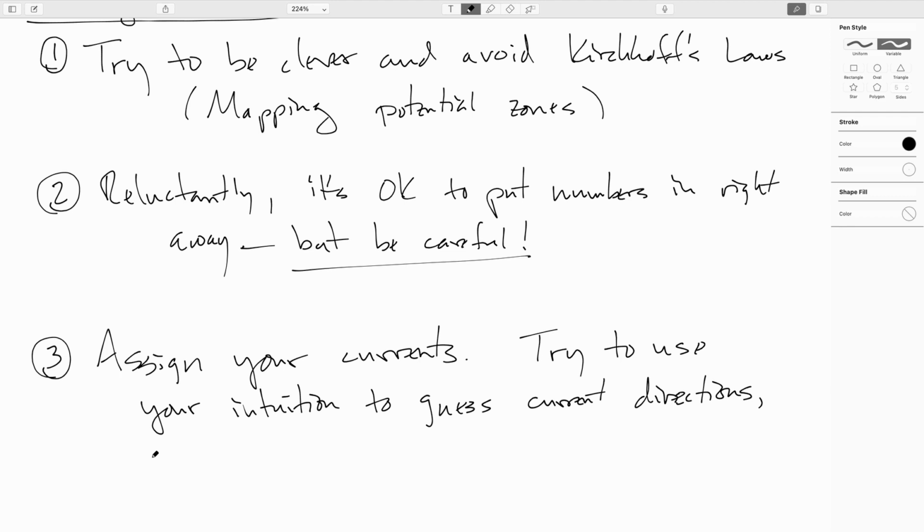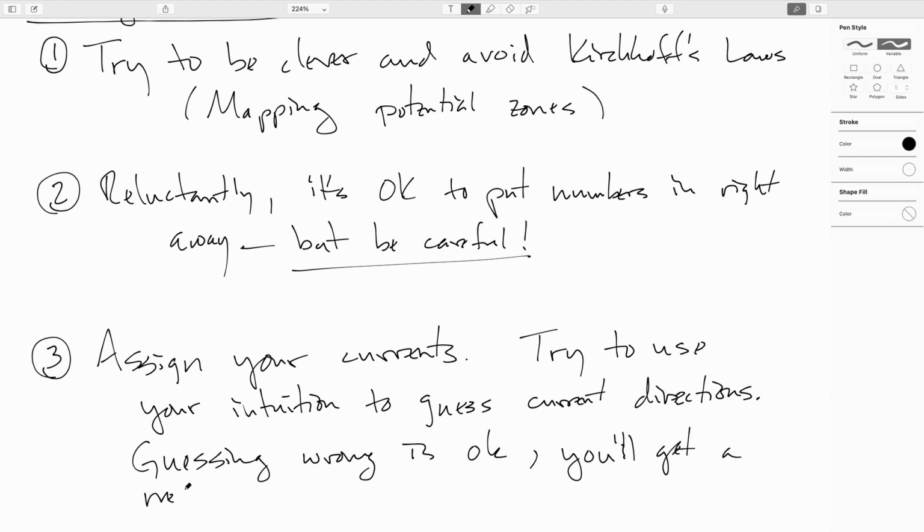But even with a lot of experience, you're probably not always going to get it right. And that'll be okay. So guessing wrong is okay. If you guess wrong, you'll just get a negative number when you solve.